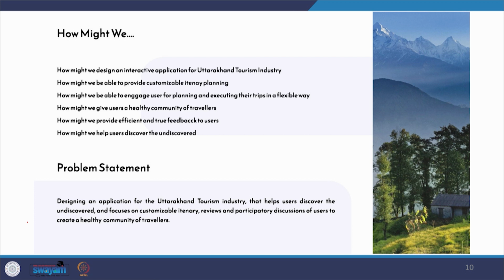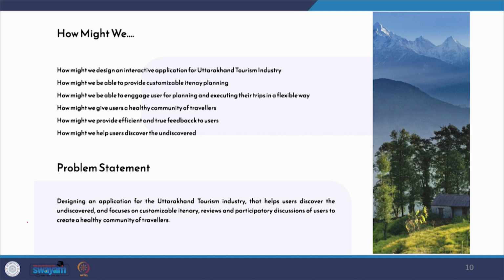The structure of a how might we question typically follows a certain format, wherein after how might we, we insert a verb and then a target user or a group, and then solve a problem or meet a need. For example, how might we design an interactive application for Uttarakhand tourism industry, or how might we give users a healthy community of travelers.